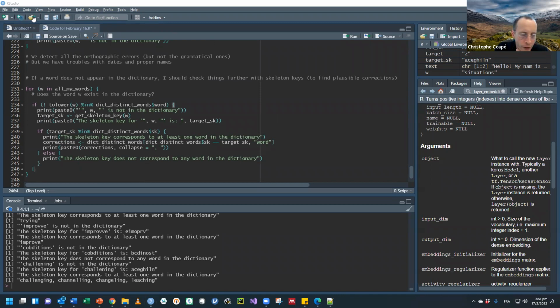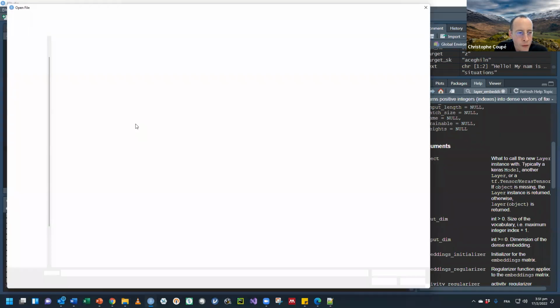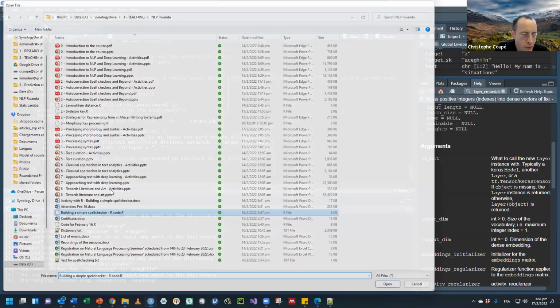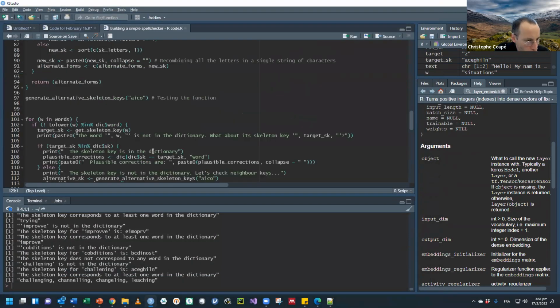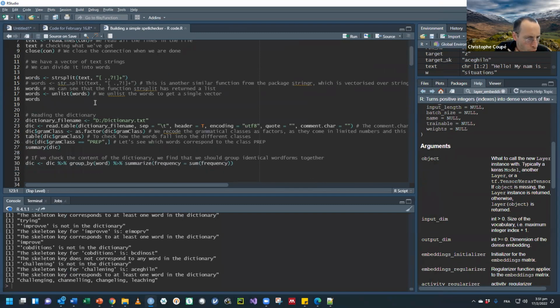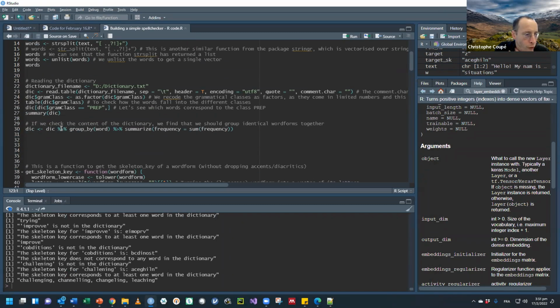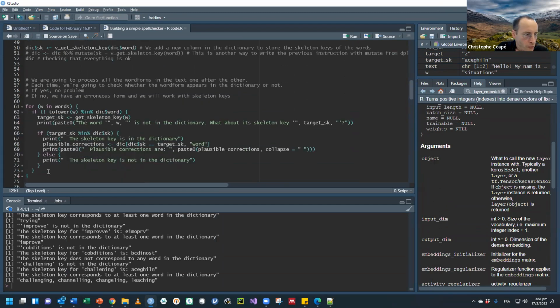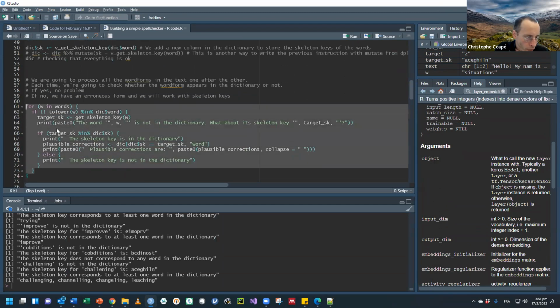What I will upload later on is this one. This is another piece of code that I prepared before. In this piece of code, you will find the correction, actually the stuff we have done already. Same stuff. You see, very similar to what we have done.